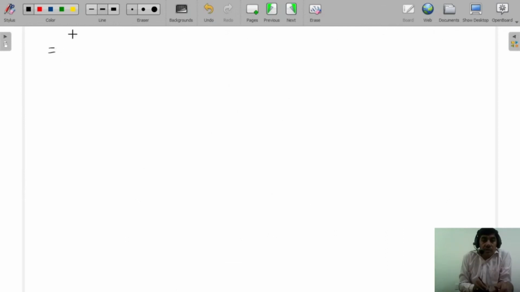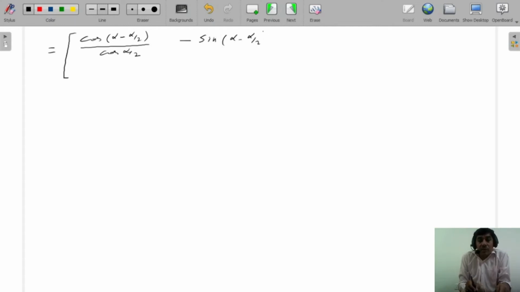Which is equal to cos of alpha minus alpha by 2 divided by cos alpha by 2, minus sin of alpha minus alpha by 2 divided by cos alpha by 2, sin of alpha minus alpha by 2 divided by cos alpha by 2, and cos of alpha minus alpha by 2 divided by cos alpha by 2.